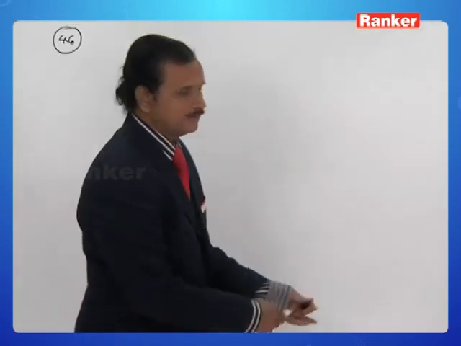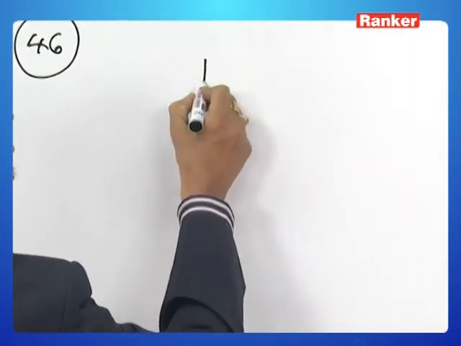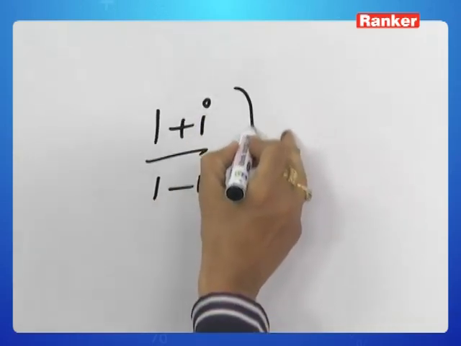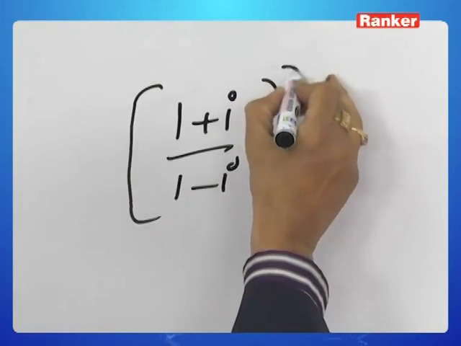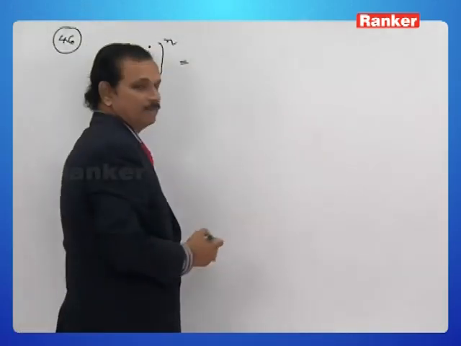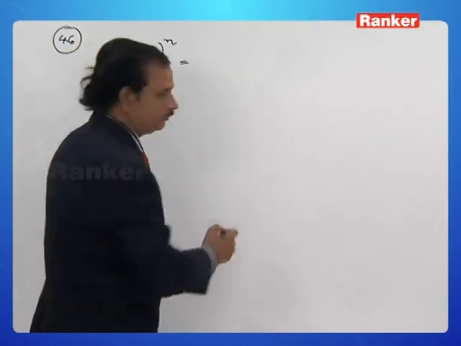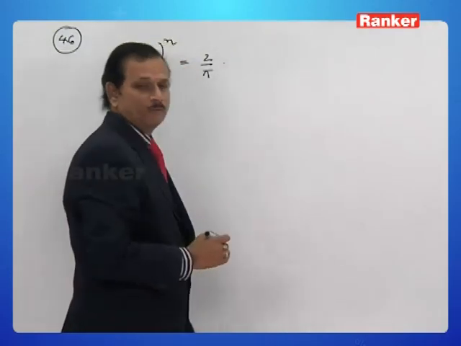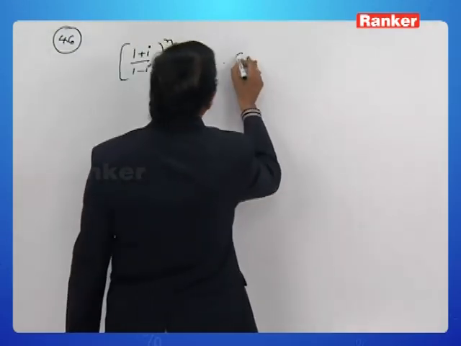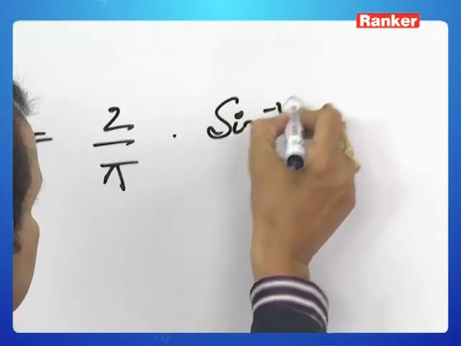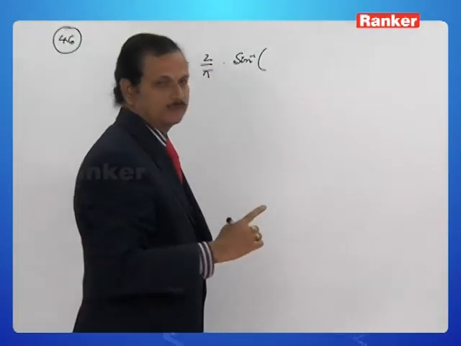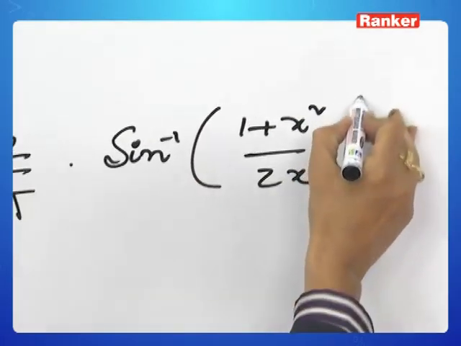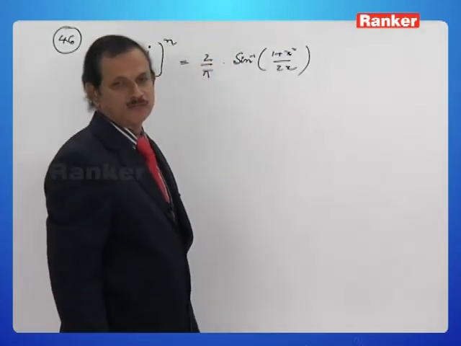What is the equation given? (1 plus i by 1 minus i) whole to the power of n is equal to 2 by pi into sine inverse of (1 plus x square by 2x).